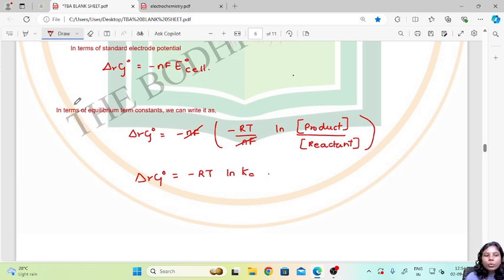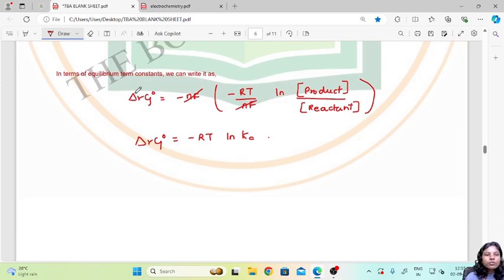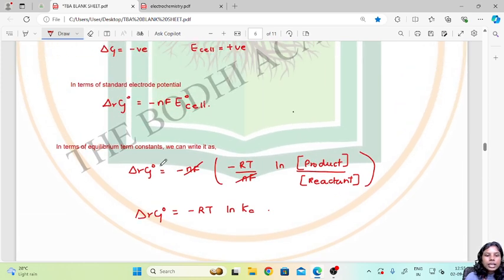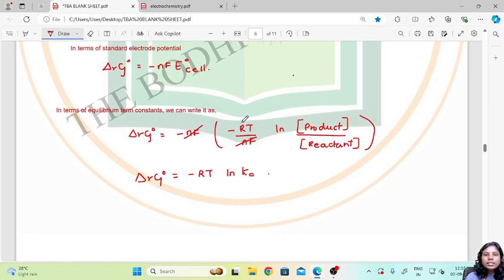Now if we want to write it in terms of the equilibrium constant, we can write it as follows. We have to simply substitute delta rG equals minus nF E cell, and E naught cell we know in general is minus RT upon nF ln of product upon reactant that we get.